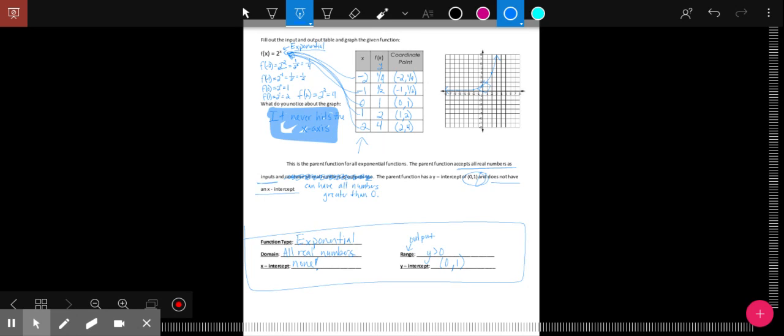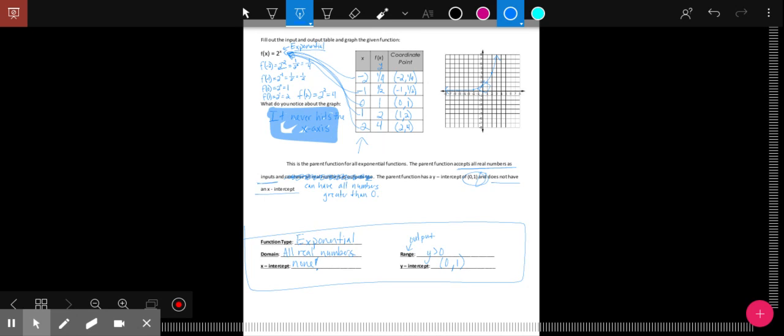See how I've got positive 4, positive 1, 0, positive 1, and positive 4 again. Even though my inputs were negative, I got positives for my output. So all of my outputs are positive, and that's going to be important when we talk about some of our key characteristics.